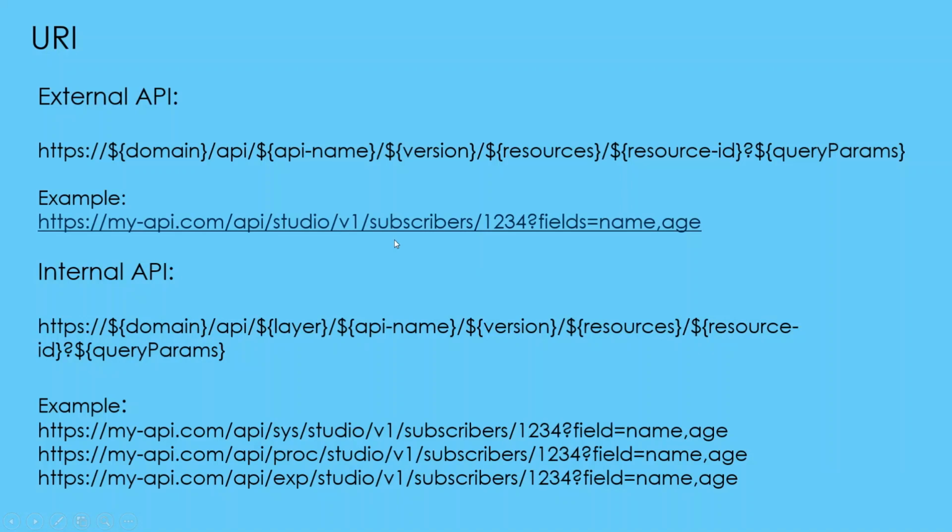The other thing to notice is the base URL should not contain more than 2 to 3 resources if possible. So like API Studio, it's fine, 2; API Sys Studio, it's fine, 3; but try to limit the base URL up to 2 or 3 resources. Do not increase more than that because it indirectly affects the readability of URL and it unnecessarily lengthens the URI.